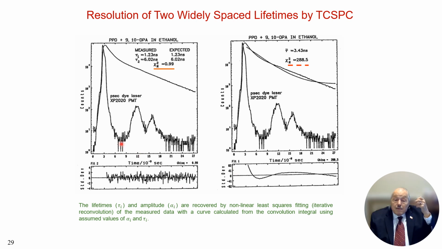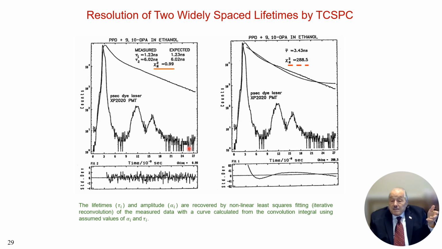If you now tell the computer, oh, you can use 2 lifetimes, you find everything turns out perfectly, and the data and the fit work out, with no time-dependent deviations, and the chi-squared is around 1.